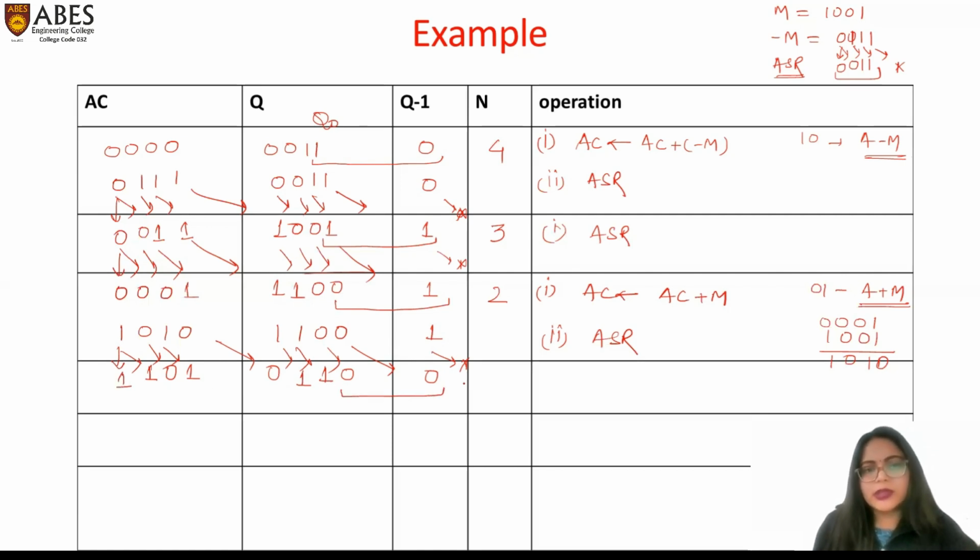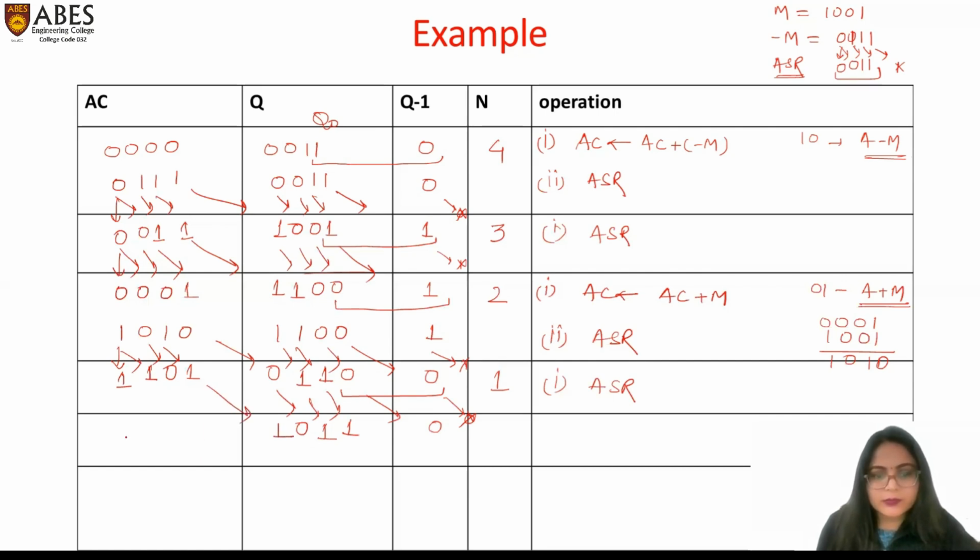Now we need to check again the combination of Q0 and Q minus 1, because the counter value is again decreased by 1. So for the combination of 0, 0, we need to directly perform ASR here. Clear? So this 0 will be discarded. This will be 1. This will be 1. This will be 0.